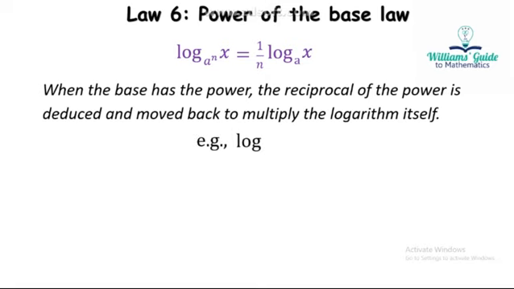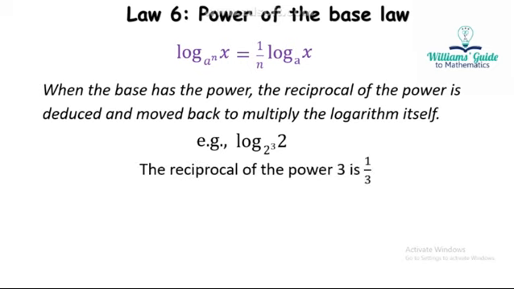Take for example, we have log 2 to the base 2 raised to power 3. The 3 here is a power to the base. The first thing we need to do is to get the reciprocal of 3, which is 1 over 3. The 1 over 3 moves to the back of the log, and we have the number 2 and the base 2 remaining.